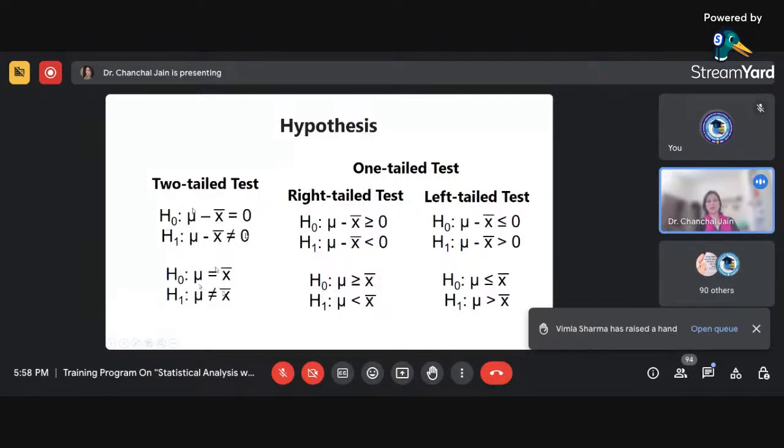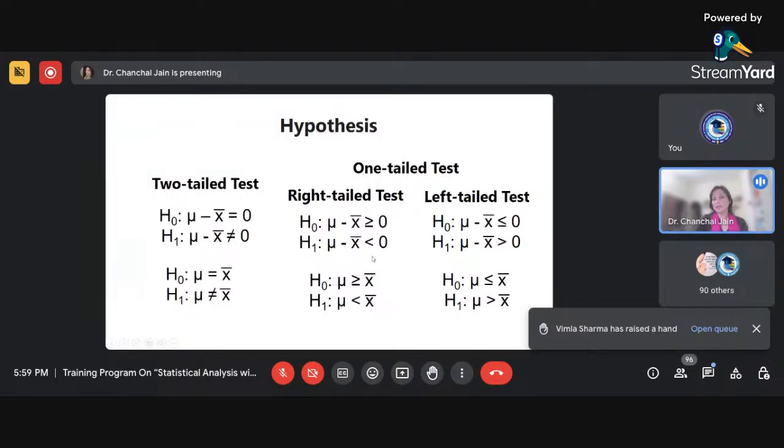So when you are making your hypothesis in this form, here you can see H naught or H0. It is indicating the null hypothesis. So when I have written mu minus X bar is equal to 0, alternatively, I have written mu minus X bar is not equal to 0. So this is a case of two-tailed test. Another way of making the two-tailed hypothesis is when I'm clearly saying mu is the population mean, X bar is the sample mean.